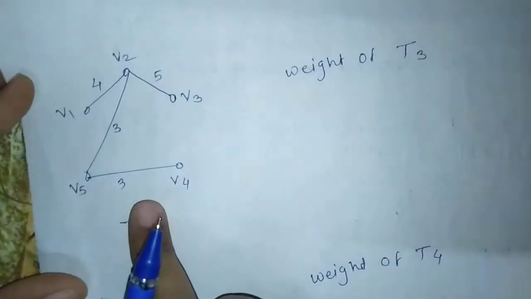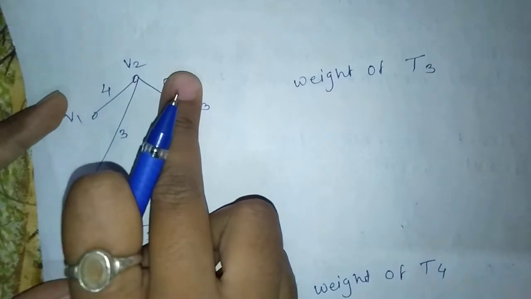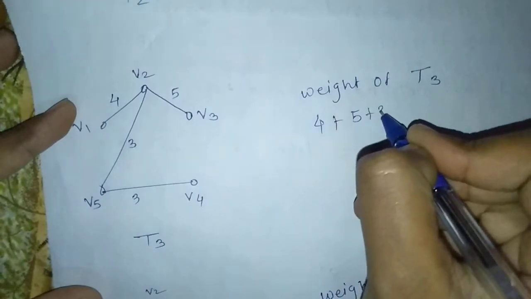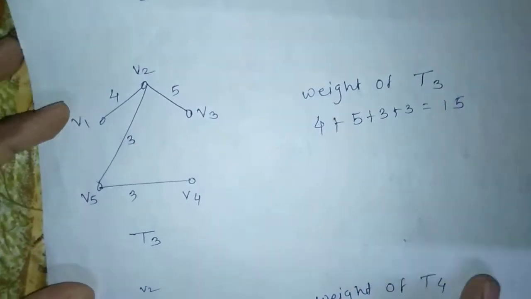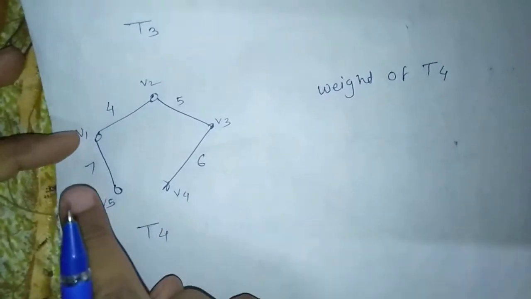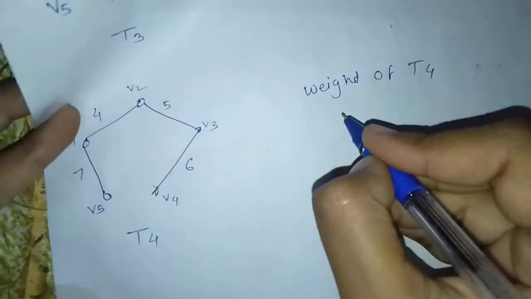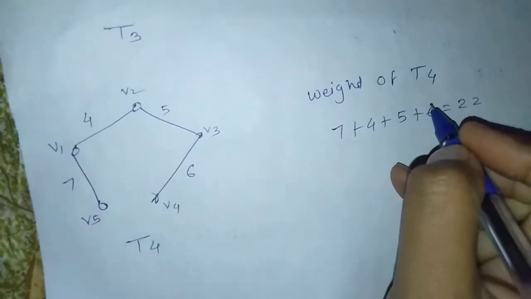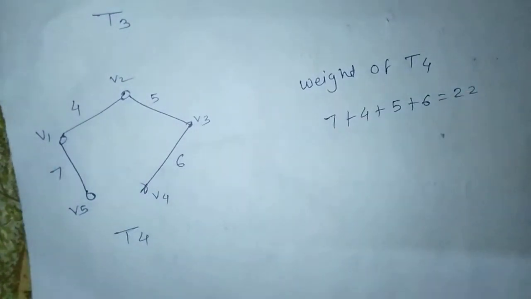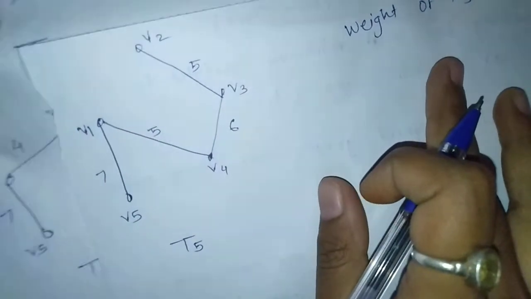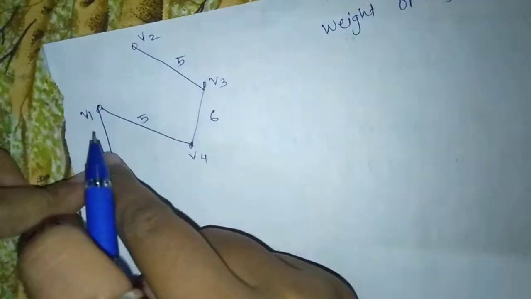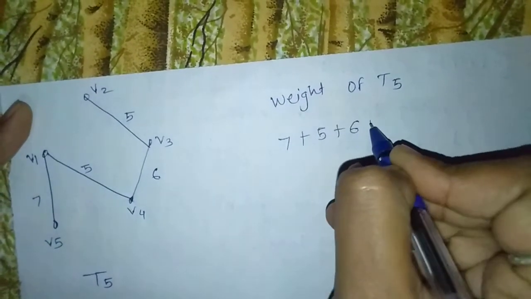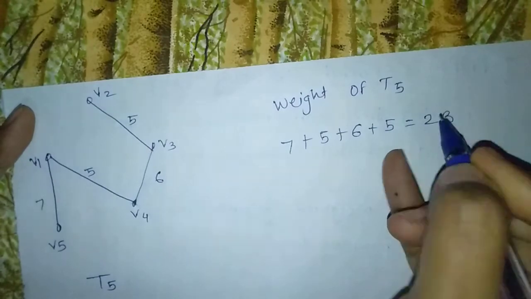Next, the weight of T3 is 4 plus 5 plus 3 plus 3, which is equal to 15. Next, the weight of T4 is 7 plus 4 plus 5 plus 6, which is equal to 22. And the weight of T5 is 7 plus 5 plus 6 plus 5, which is equal to 23.